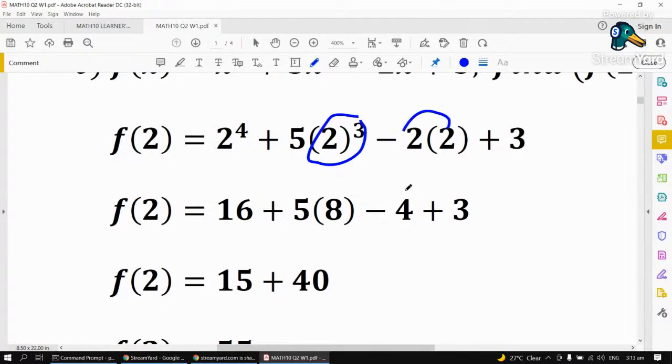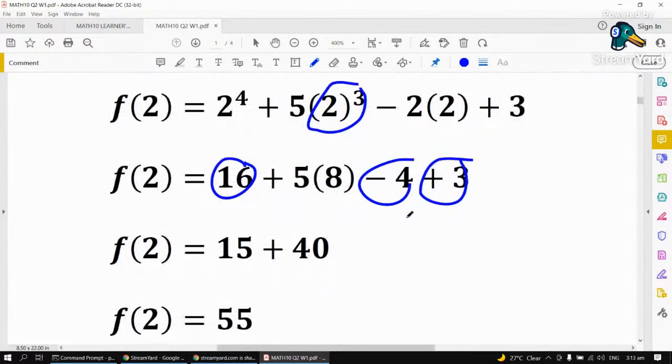And then 2 times negative 2 is negative 4. And evaluate pa natin 'to. 16 and positive 3, minus 4. And then 5 times 8 is 40.